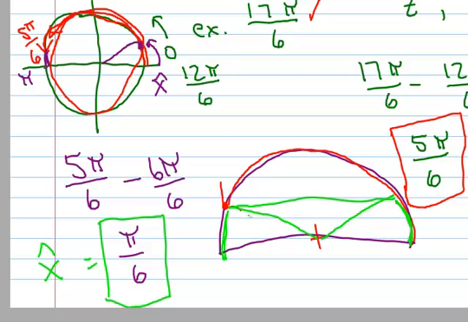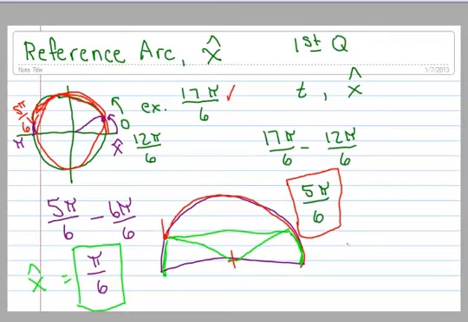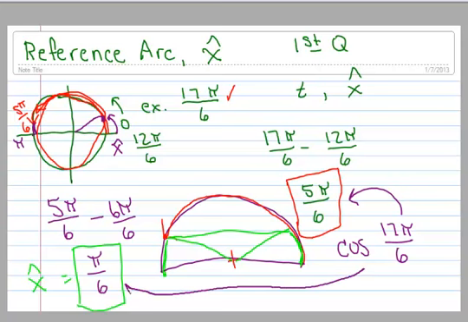It's important because, let me change colors here a minute, if the problem asks you to find the cosine, or the sine, of 17 pi over 6, you could do one of two things. You could find the least positive coterminal arc, and then this is on your unit circle, so you automatically know the sine and cosine, or you can find the reference arc.